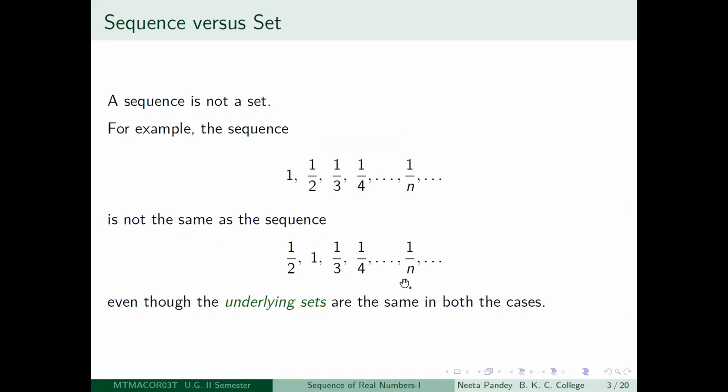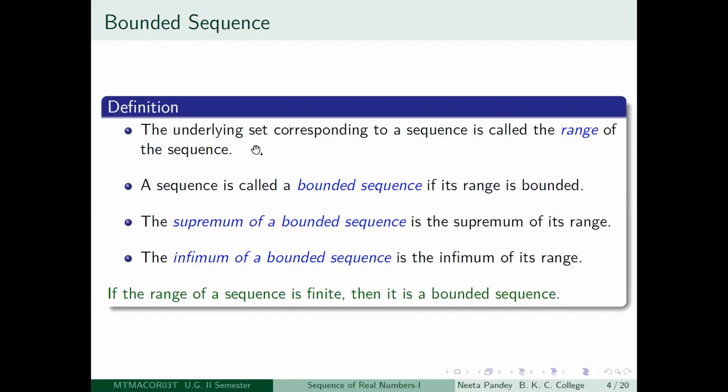This new sequence will also have the same underlying set, which is the set consisting of 1/2, 1/3, 1/4, and so on. That is the set consisting of 1/n, where n is a positive integer. This underlying set we give a name, we call it the range of the sequence.